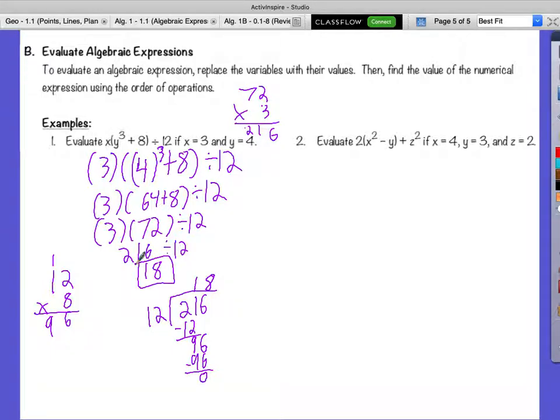I'm sort of a little confused. I got 18, but instead of 96, I got 86. Did you do 86 divided by 12? I don't know what I did, but when I was doing 216 minus 12, I got 86.